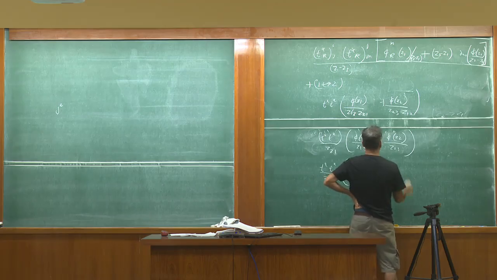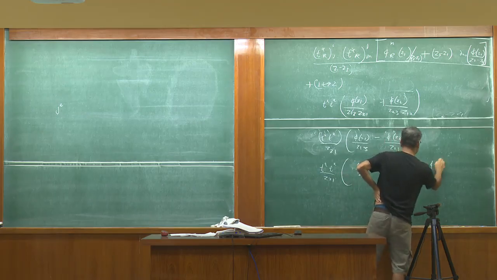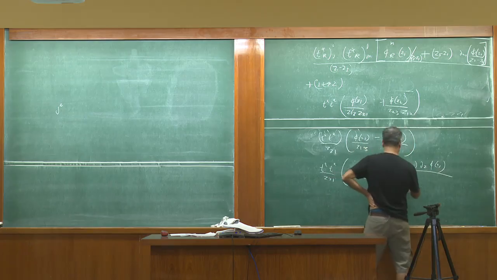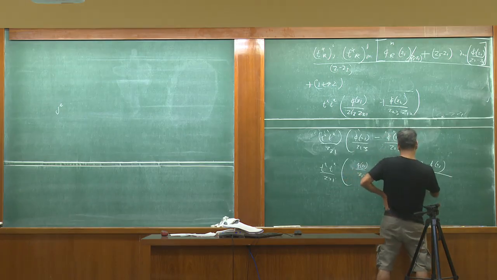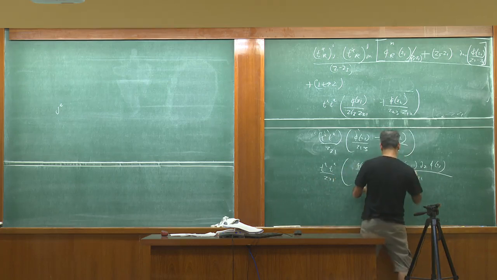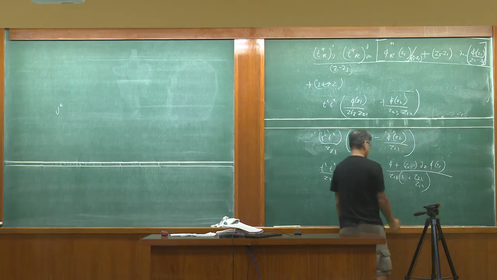Now you get minus phi Z2, which is Z1 plus Z21 del Z phi Z1, divided by Z13 plus Z21, right? So I'll take Z13 out: Z13 times 1 plus Z21 over Z13, and Taylor expand.